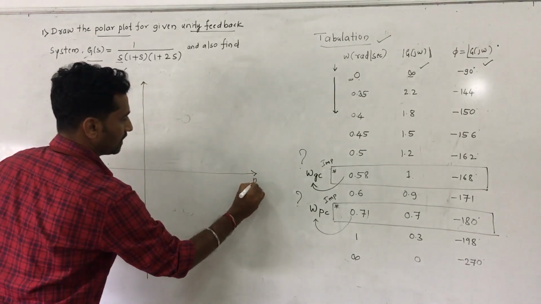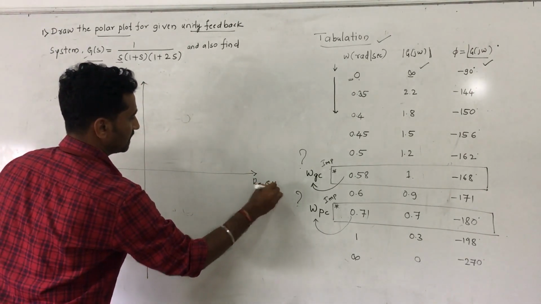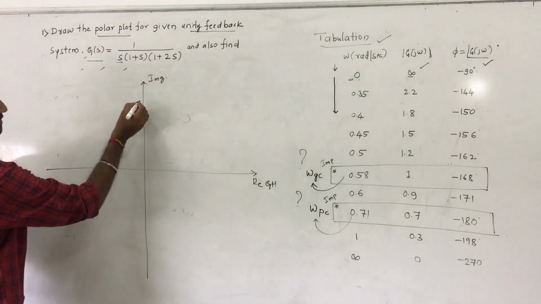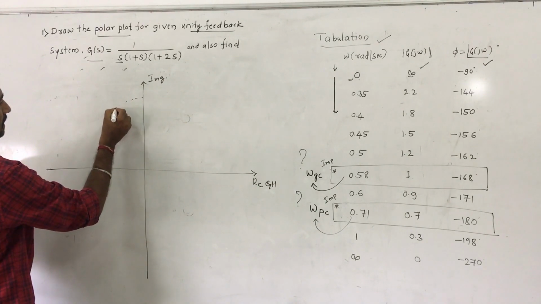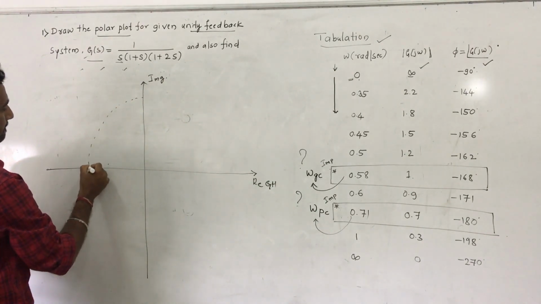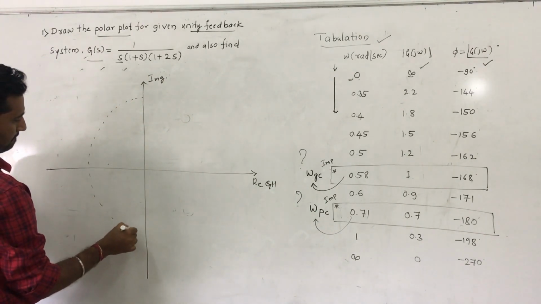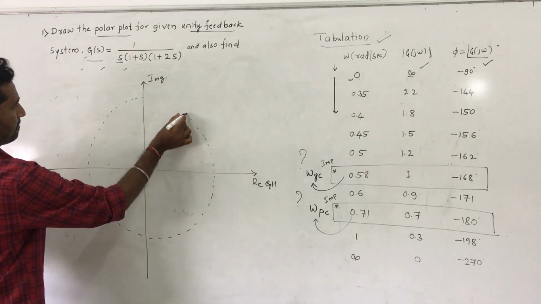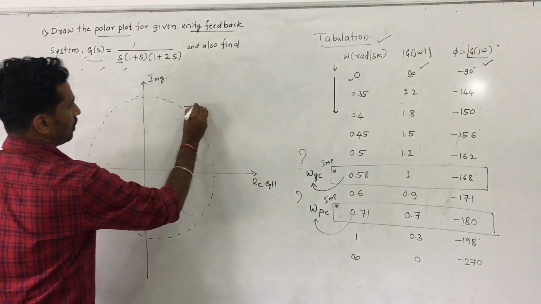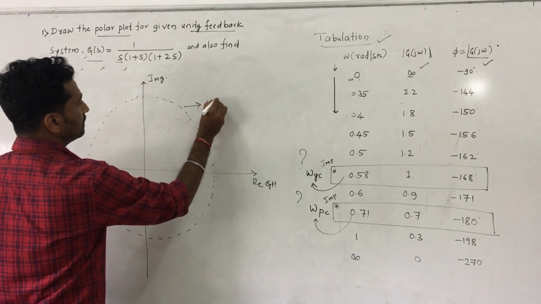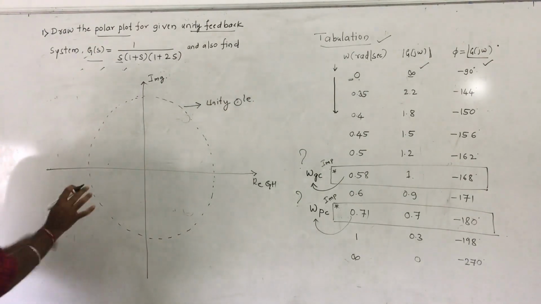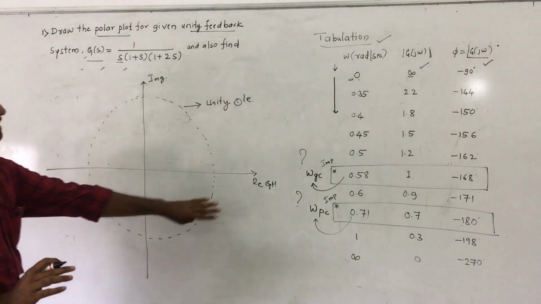This is the real part of G(s)H(s), this is the imaginary part, right? I'll take one unity circle here. This is called the unity circle, right?